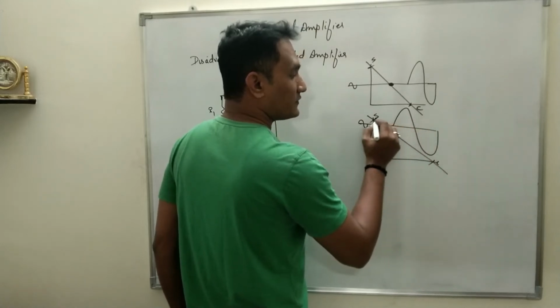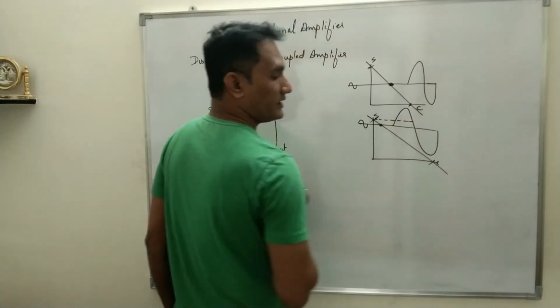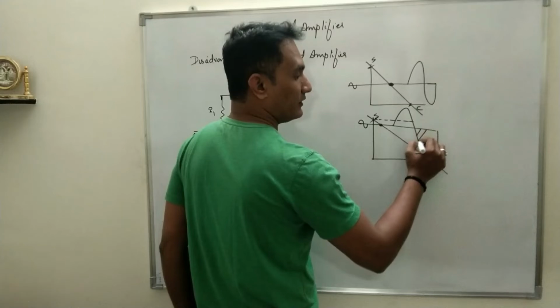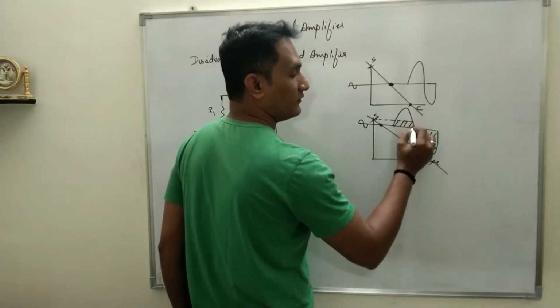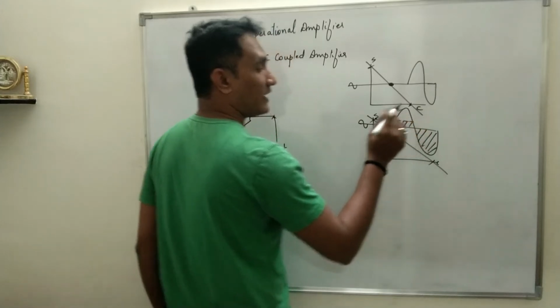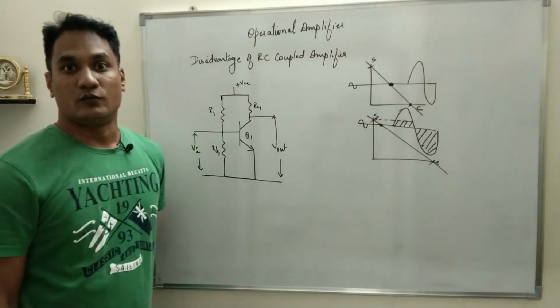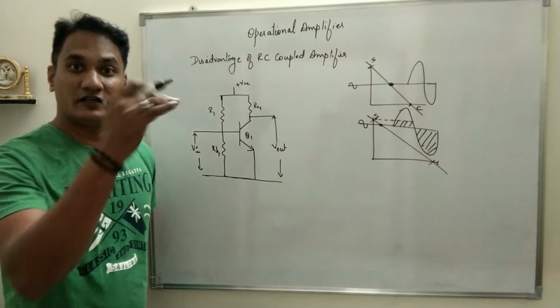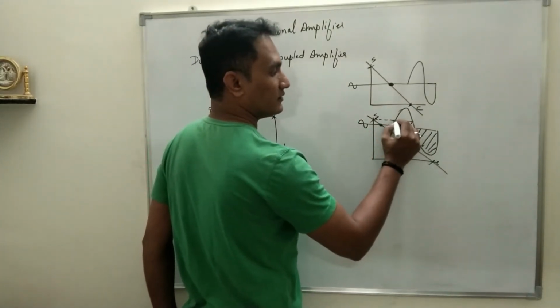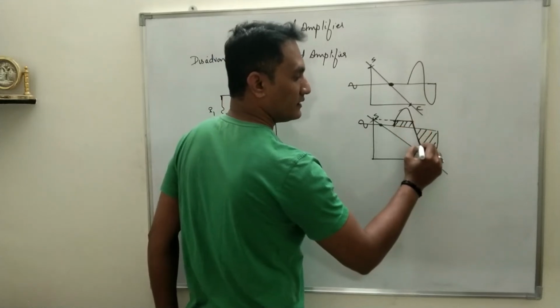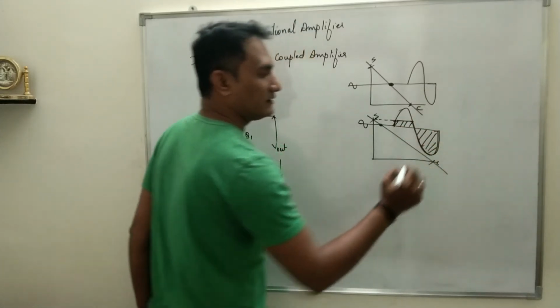The negative half cycle will be completely amplified, but for the positive half cycle, only half of the wave will be amplified, and the other half will not be there in the output. It will be clipped from the circuit. So what you get at the output will be only this part. Is that a proper amplification?